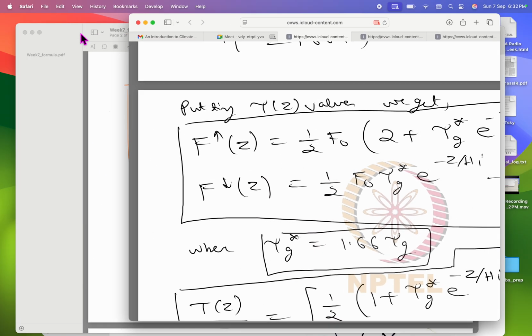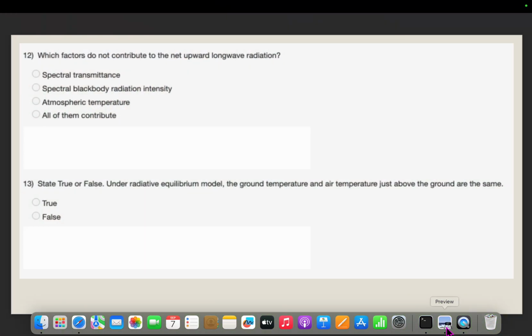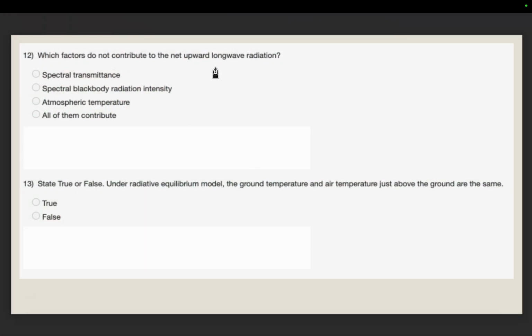So for the net upward long wave radiation, there is a dependence on the spectral transmittance tau, and also the black body radiation intensity B at Tz, and the atmospheric temperature dependence, which comes directly from the Tz.